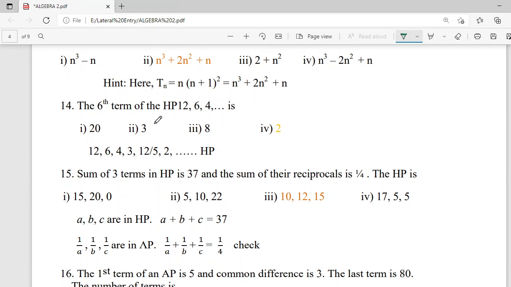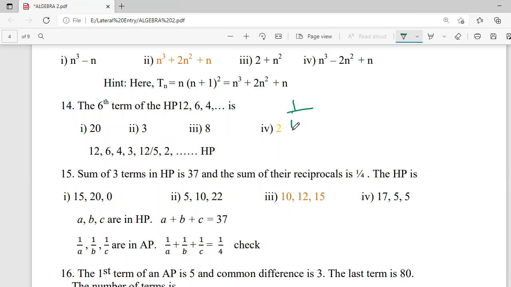Then this HP. So HP, what you have to do, 12, 6, 4. So this is an HP. This is an HP means 1 by 12, 1 by 6, 1 by 4.